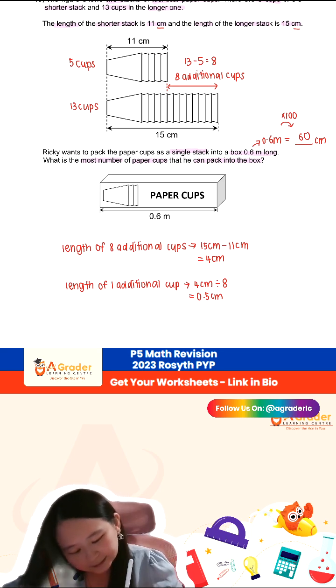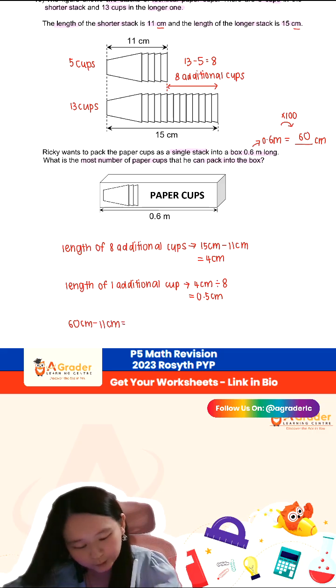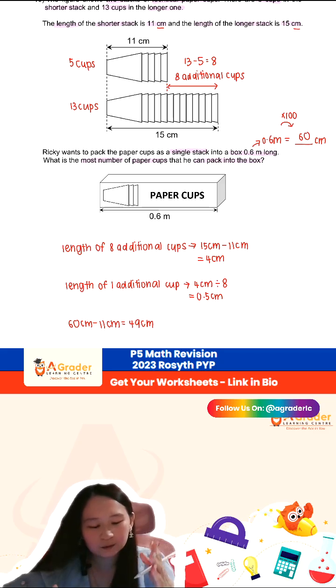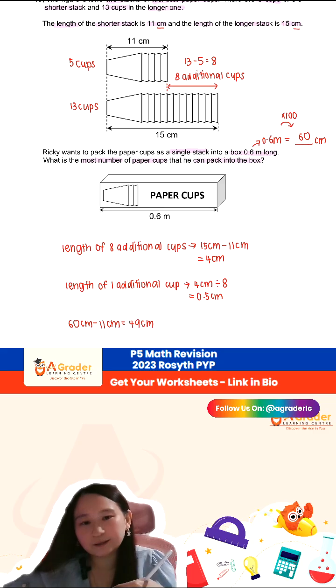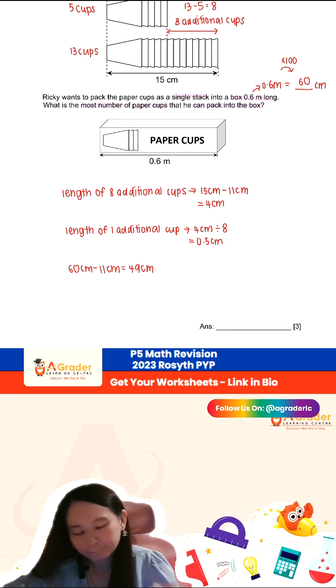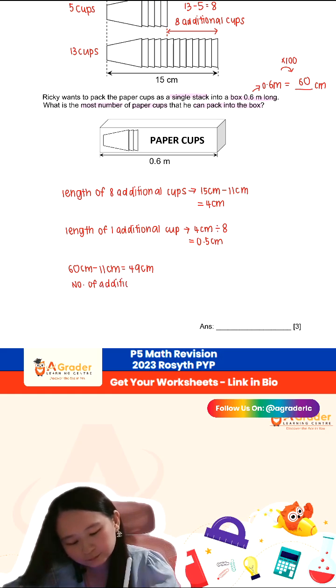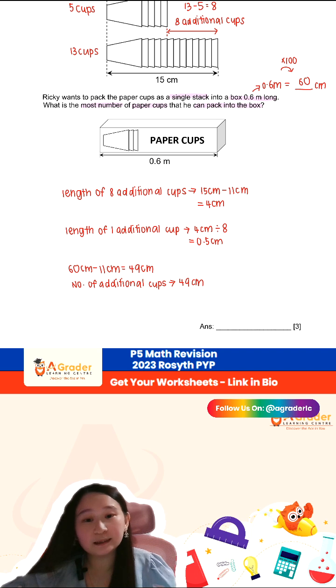So we take 60 cm minus 11 cm, we get 49 cm. This means for this 49 cm, how many additional cups can we add in on top of this 5 cups? Okay, so we can calculate the number of additional cups that can be added in. So there's a total space of 49 cm.